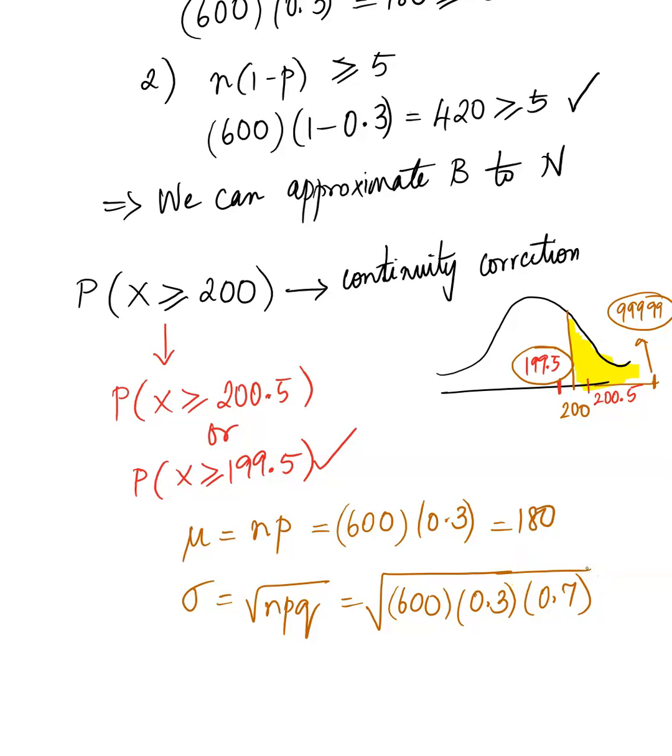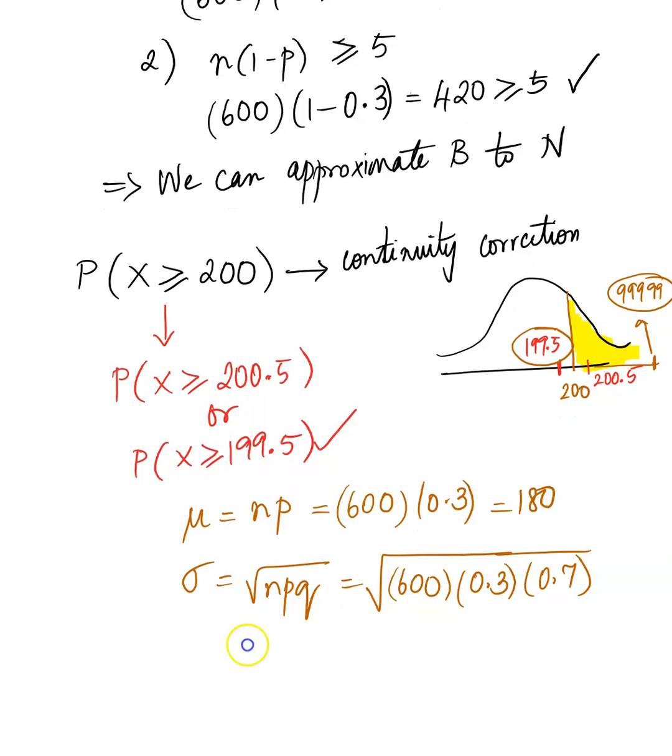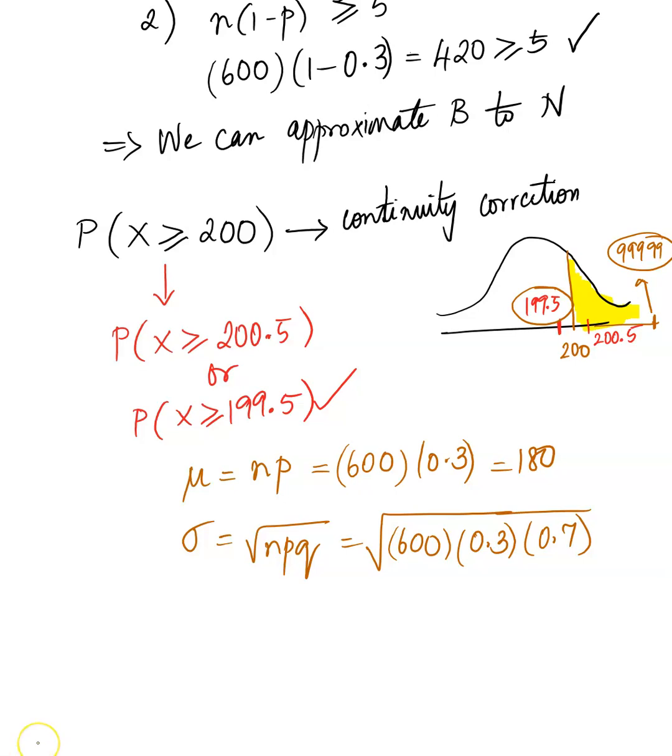Okay. So I'm going to try and keep it as it is and punch it in there. Go ahead and get to normal CDF. So you have to do second vars, normal CDF, which is the second option, and then enter your lower limit to be 199.5, right? That's the lower one. So we start a little ahead, and then we have all the way up to a bunch of 9s.